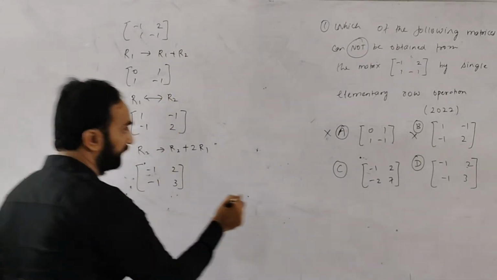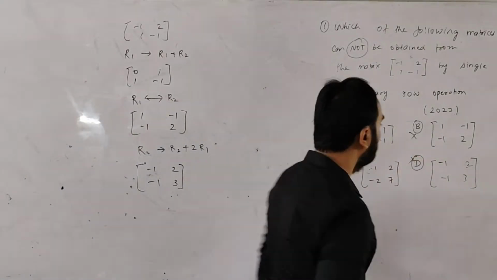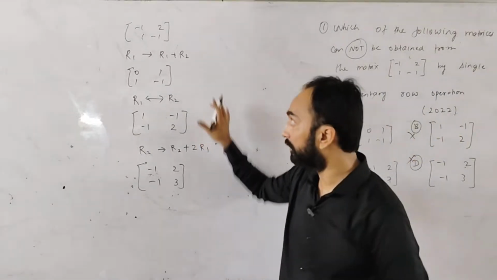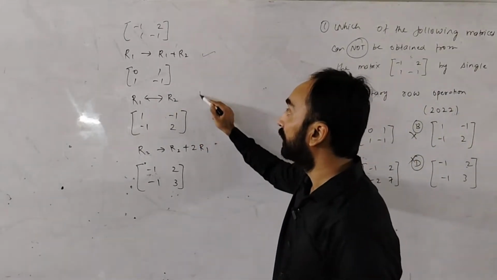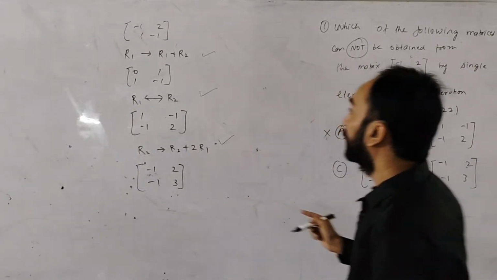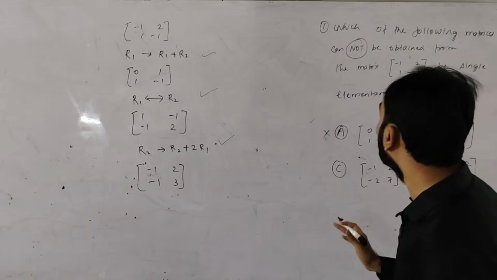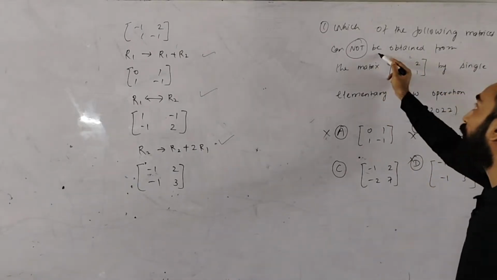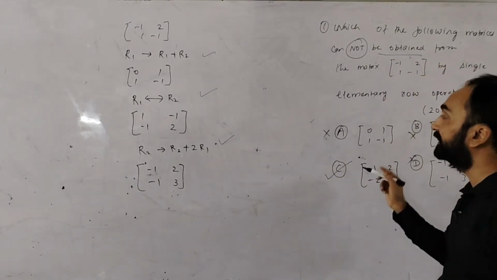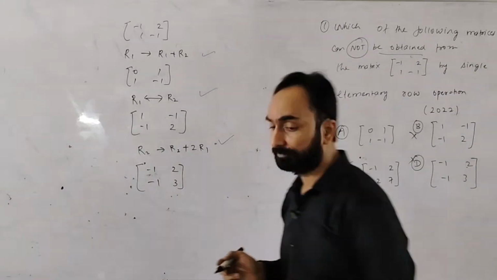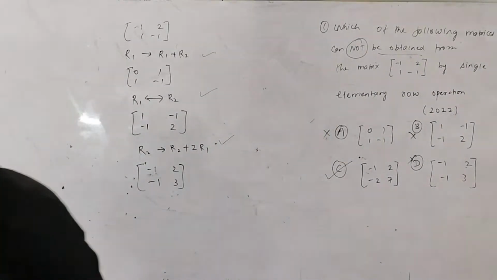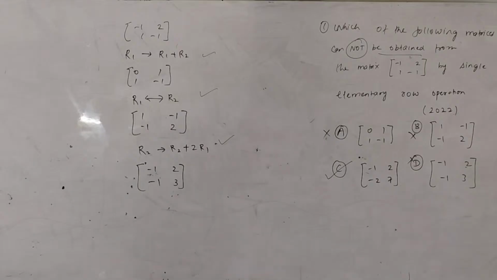So we are getting option D, right? So all three options are possible to get by performing these operations, but option C we cannot obtain. So option C is the answer for this question, correct? Because they have asked cannot, so option C is the correct option.